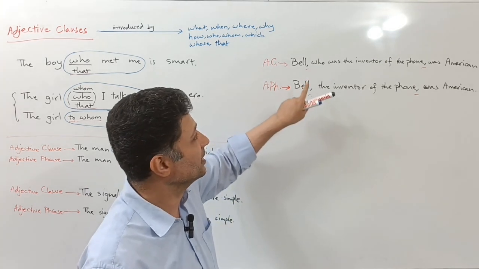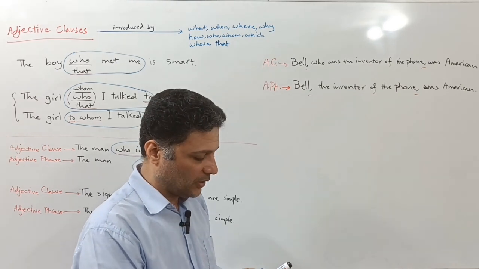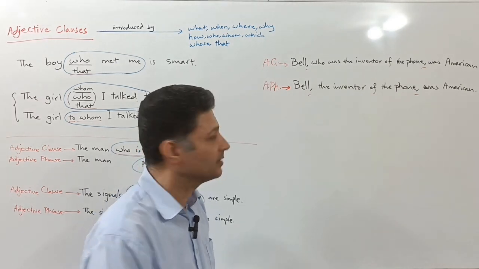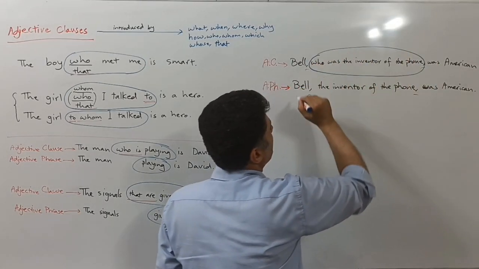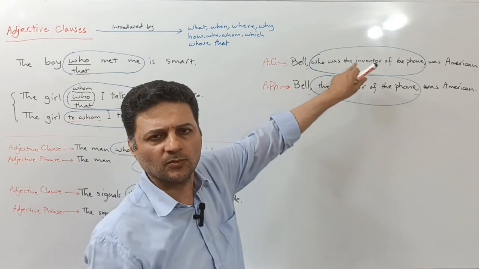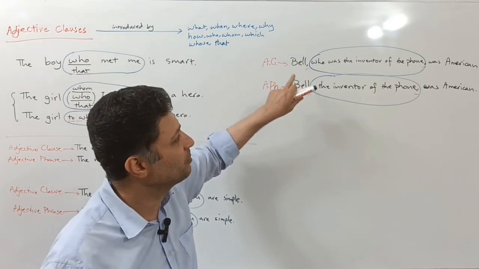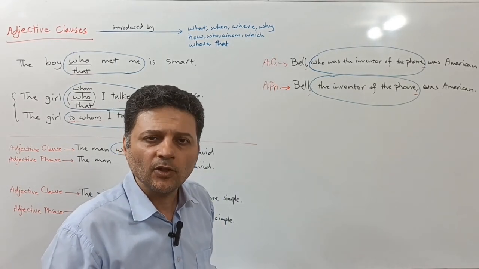Why additional? Because even if you omit this part, there is actually no impact on the original sentence. Look, if I omit this adjective phrase, what happens to the original sentence, which is Bell was American? Alexander Graham Bell was American. Nothing wrong with the sentence.